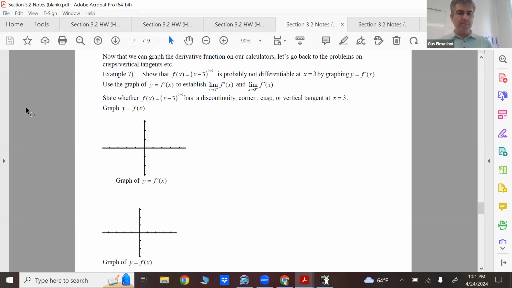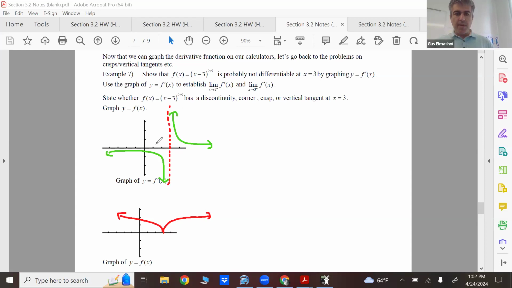So if I graph it, yeah, it might be a little too high. And then here you have a vertical asymptote there.